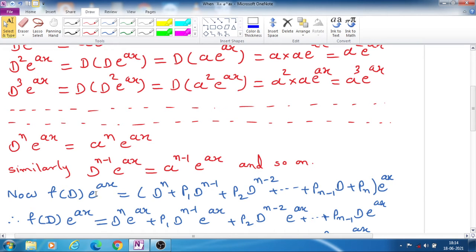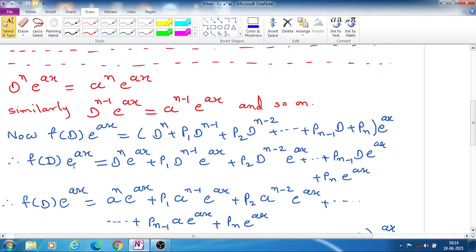Or in this expression, if we want D raised to n minus 1 e raised to ax, then it will be a raised to n minus 1 e raised to ax. So now we operate f(D) on e raised to ax. So f(D) e raised to ax is equal to, we know f(D) means this bracket: D raised to n plus p1 D raised to n minus 1 plus p2 D raised to n minus 2 plus and so on, pn minus 1 into D plus pn.